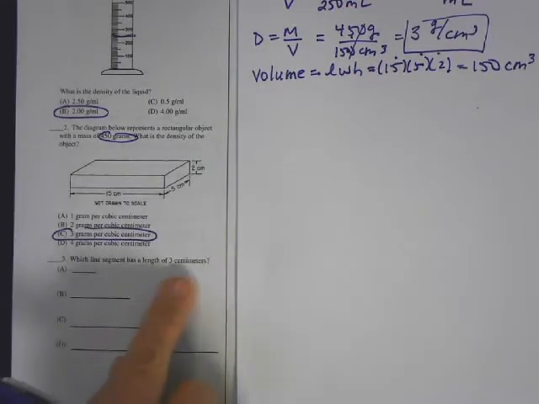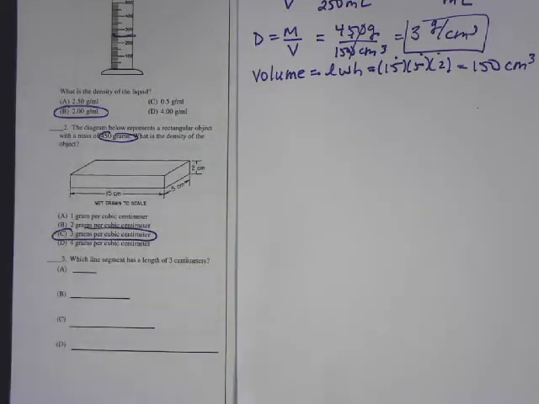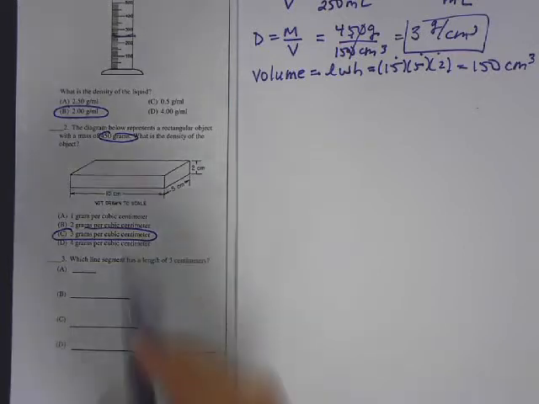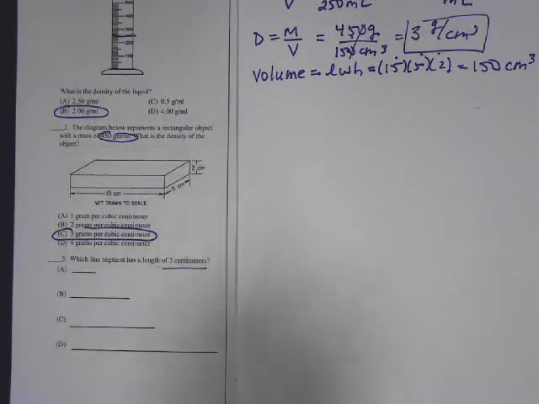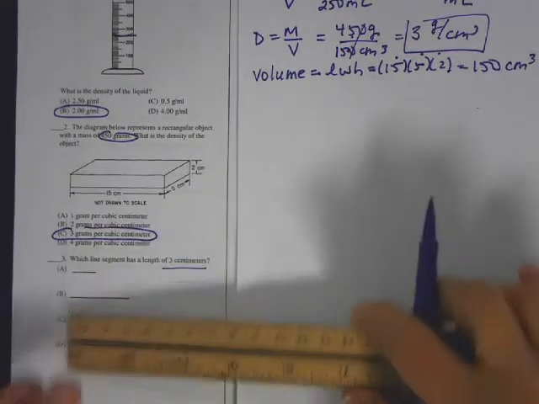Which line segment has a length of 3 centimeters? Now the reason that this is on the test is because we've been doing labs all year long. Almost every lab that we've done, you've used a meter stick. So you should have a relative idea of how big a centimeter is. Now I'll show you the ruler, but you should have a relative idea here.